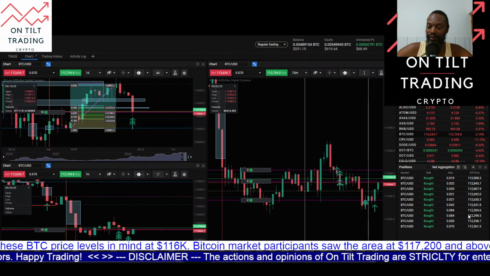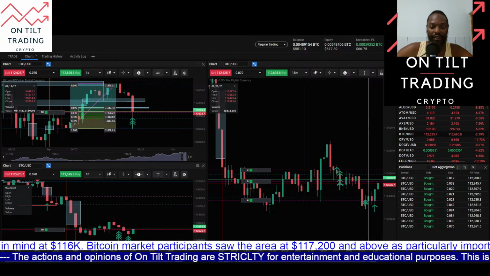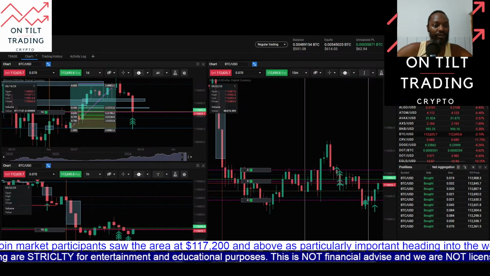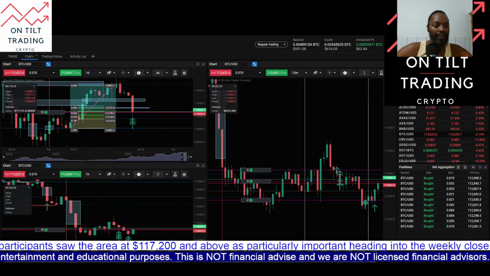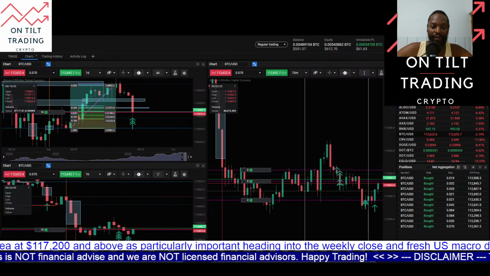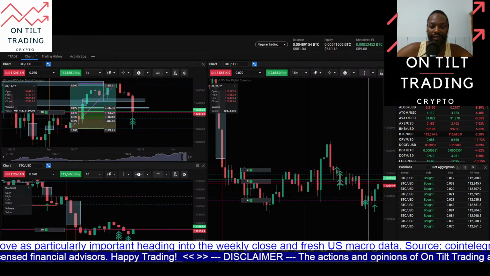This area here. So you get this price action where price delivers down into this swing level right here on the daily. As price recovers, price consolidates here.